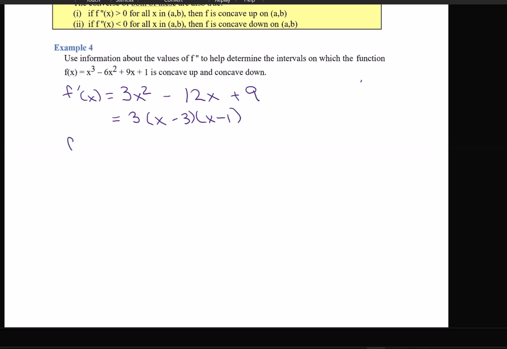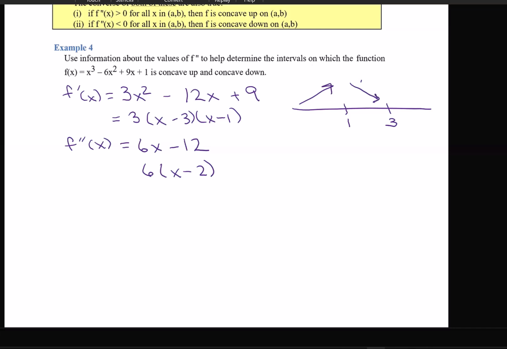The second derivative is equal to the derivative of the first derivative, which makes it 6x minus 12. And I can factor this to 6 times x minus 2. For the first derivative, we figured out that we have a 0 at 1 and a 0 at 3, and it's increasing from here to here. It's decreasing from here to here, and it's increasing after that.